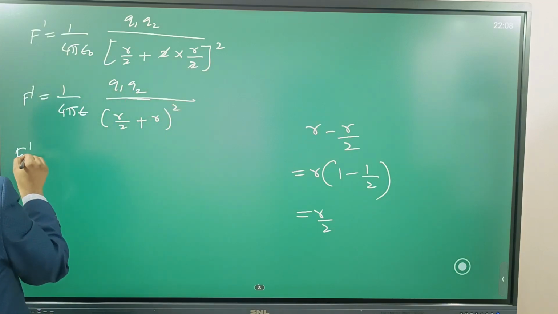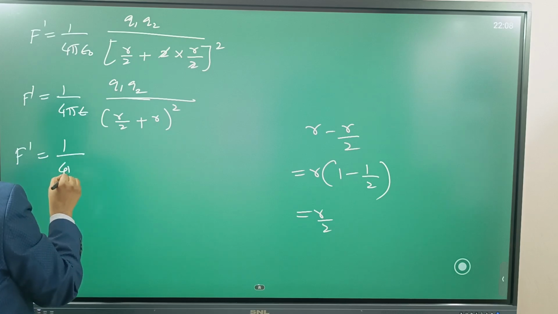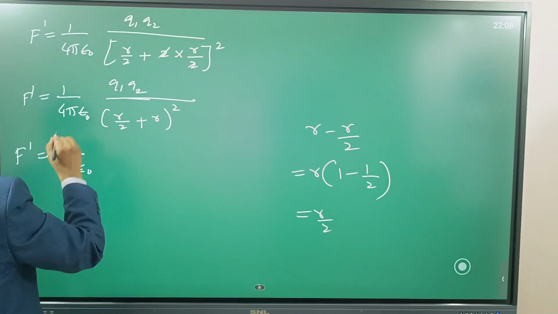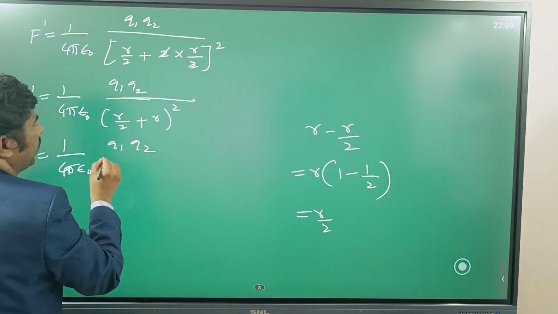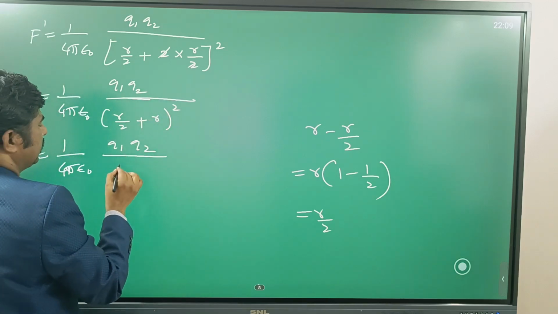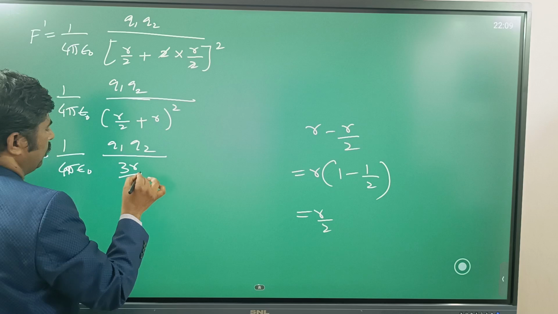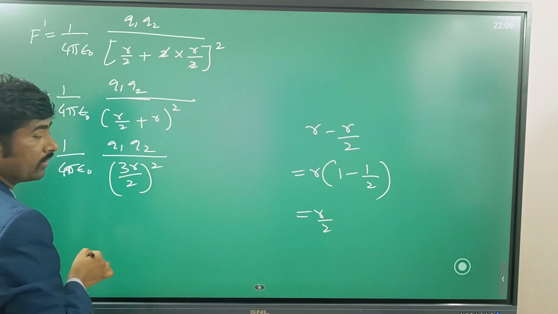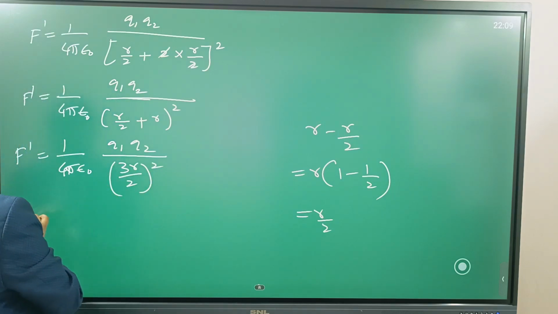Next, F dash is equal to 1 divided by 4 pi epsilon naught, q1 q2 divided by, so this is r by 2, so cross multiply, this is 3r by 2, whole square. Are you clear? So now what will happen?